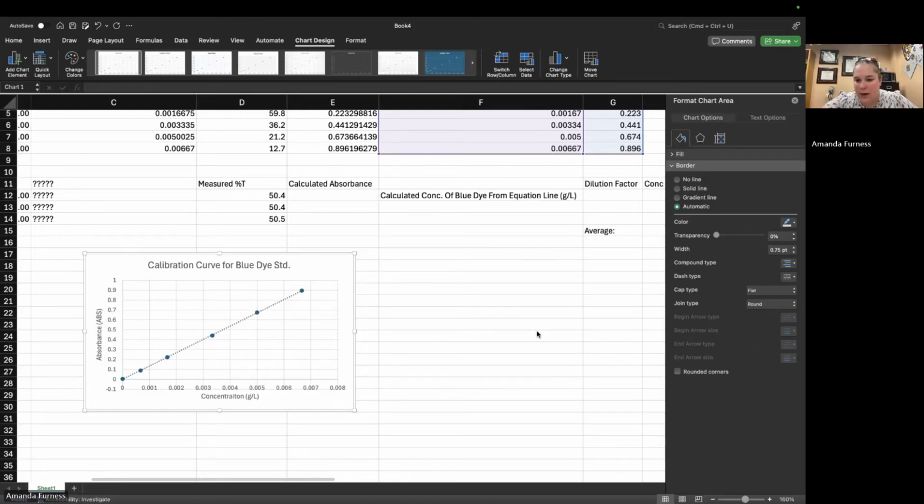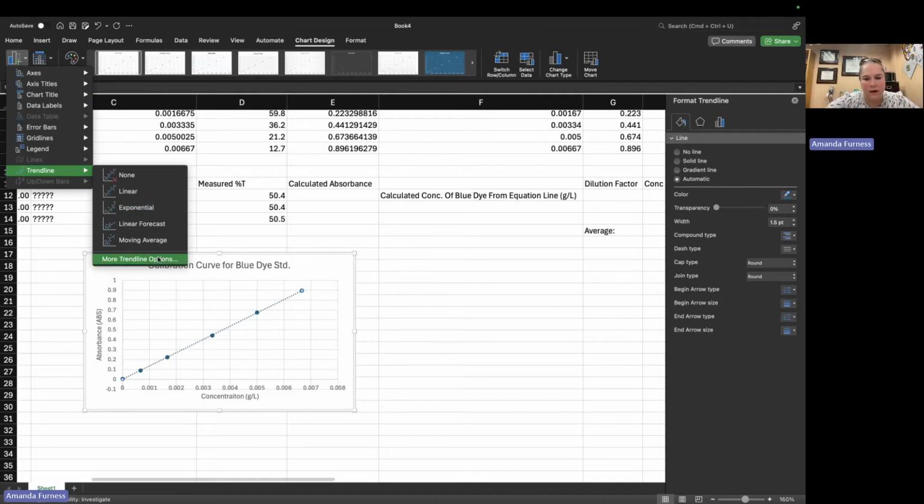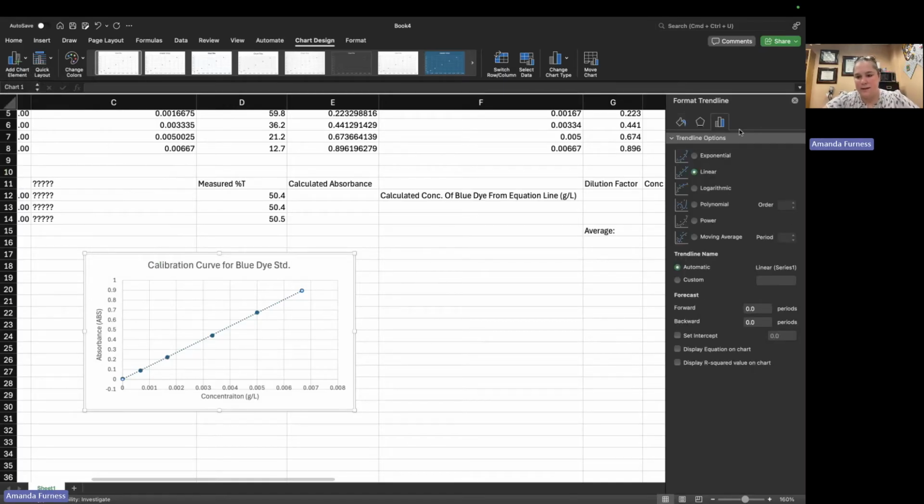What other things we need, though, is we need to select the trend line, or you can go back to Chart Element, Trend Line, More Trend Line Options. By selecting that, it'll give us this formatting option for the trend line. We still want to leave it as linear, but towards the bottom here, it says Display Equation on Chart. We want to select that, and then Display R² value on chart. We want to select that as well.